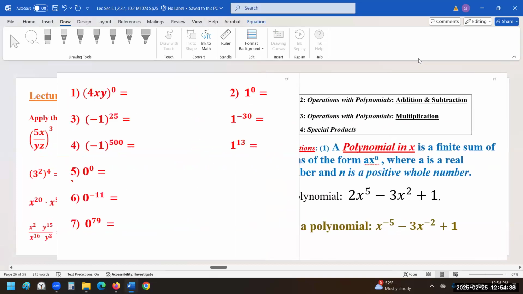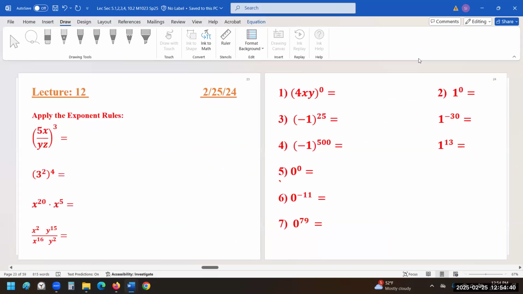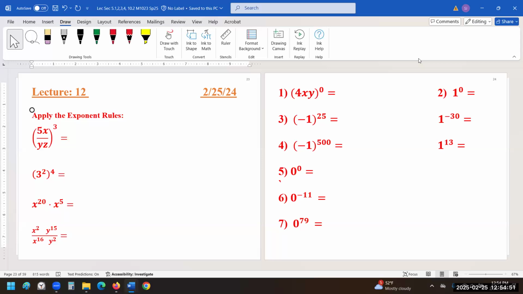So, I'm actually gonna start with exponent rules. The rules you learned in our last class, I'm going to review them first. And then we are going to go to the new stuff.